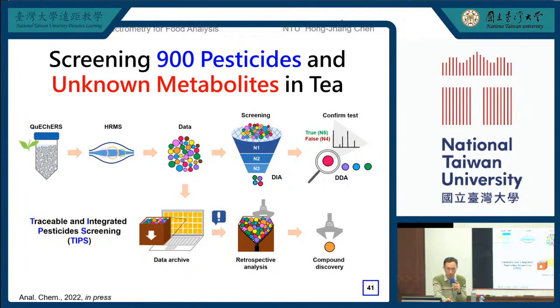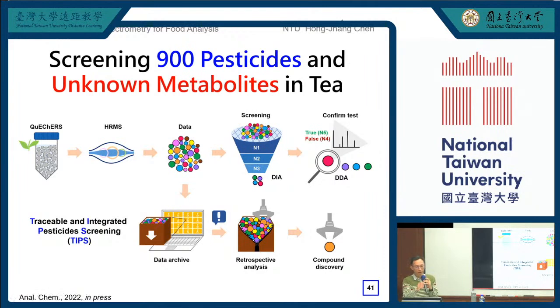The most important point is that the 380 pesticides are authorized pesticides, which means they could be used legally. But illegal pesticides are not listed in the 380 pesticides. So I want to know that. And, more interesting, I can identify the unknown metabolites.